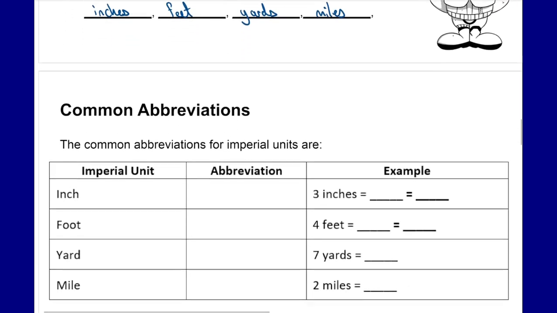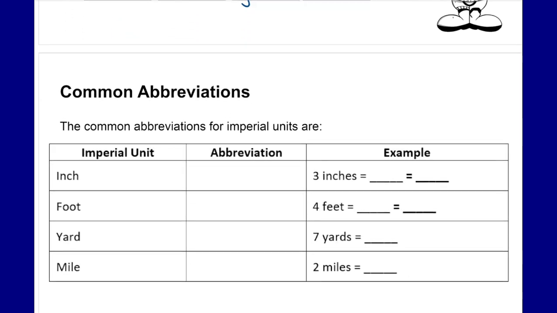Now, there are some common abbreviations for when we're using the imperial units. So similar to how centimeters and millimeters have their abbreviations of cm and mm. Inch has an abbreviation of in, or it may have an abbreviation of kind of like an apostrophe or two apostrophes, or almost like half of quotation marks. So if I wanted to write 3 inches, I could write 3 inches out in words.